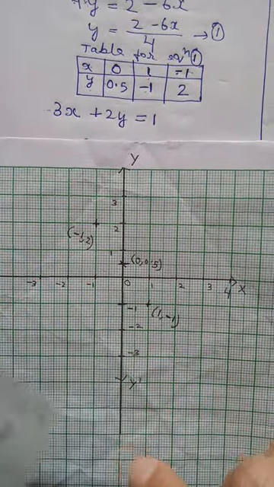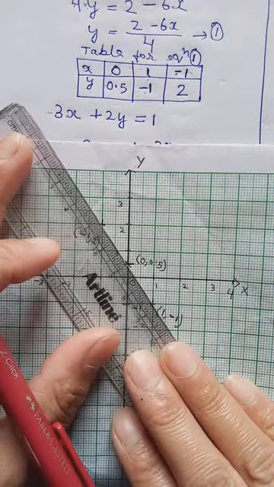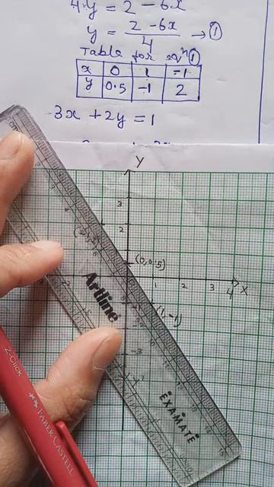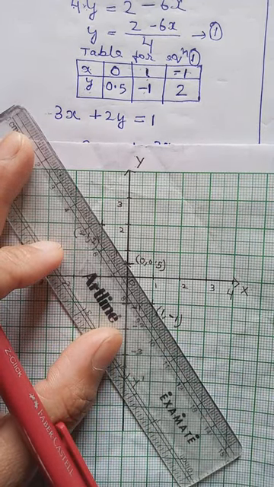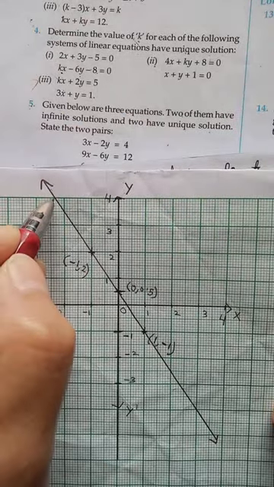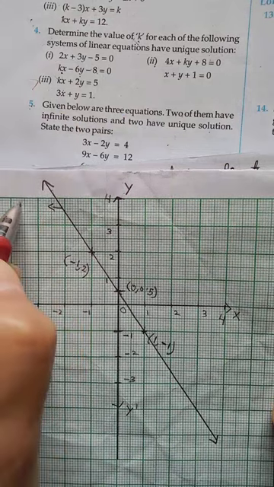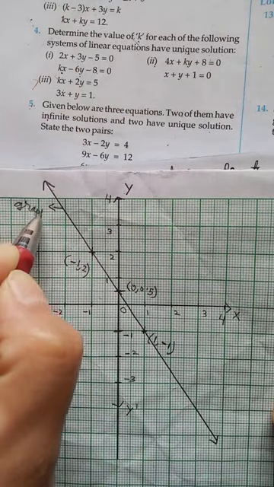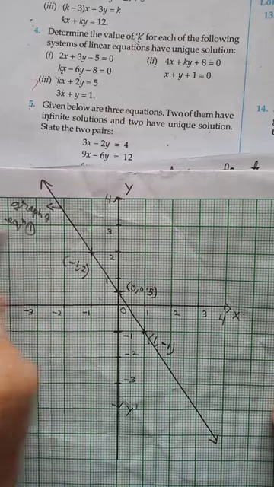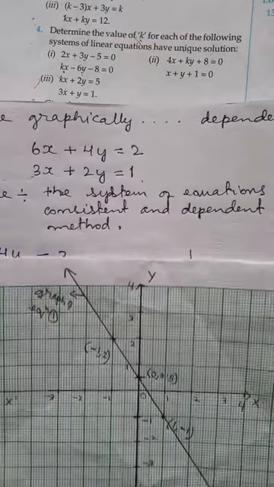Then now use your ruler, put it properly. See, all the 3 points should come. So you join it properly, you will get the first graph. After we join, now you can make this one the graph of equation 1.